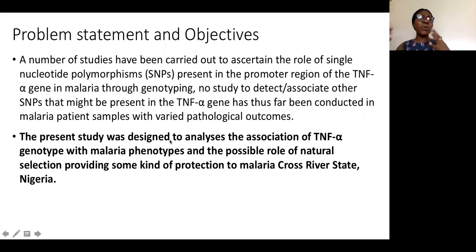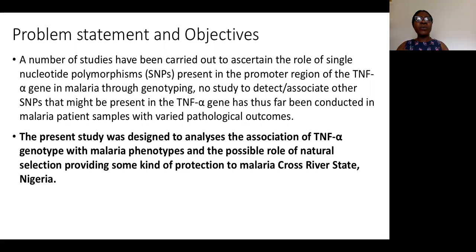Now, looking at these evidences before us, why then did we initiate this study? We have a number of studies which have been carried out to ascertain the role of single nucleotide polymorphisms or variants that are present in the promoter region. As I said before, at the 5' end of the gene, they have been detected to be associated with malaria pathology through genotyping.